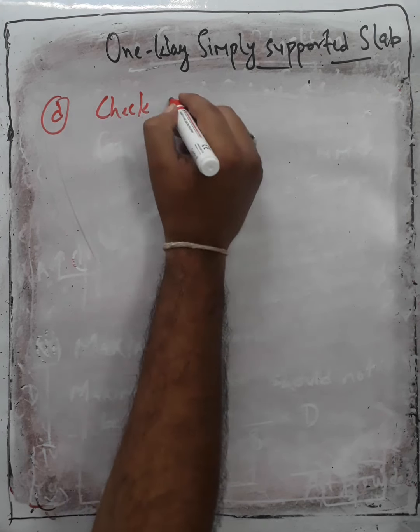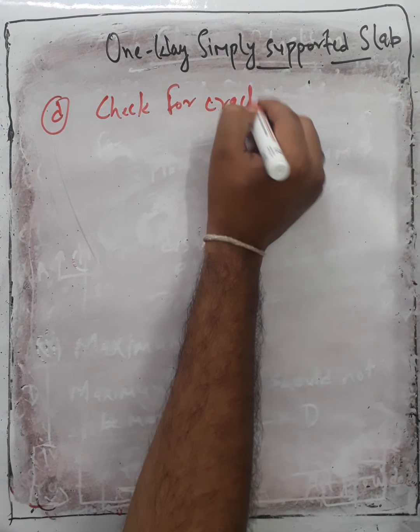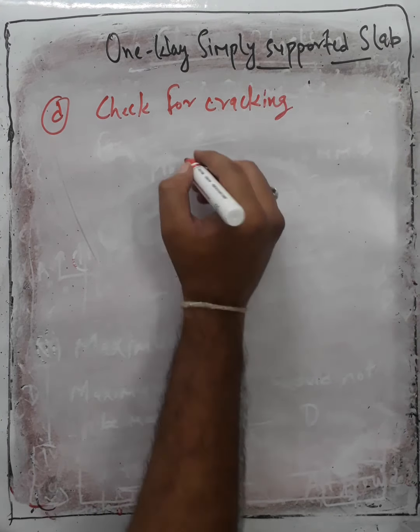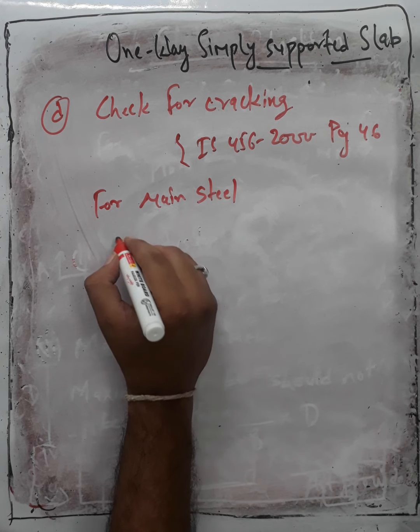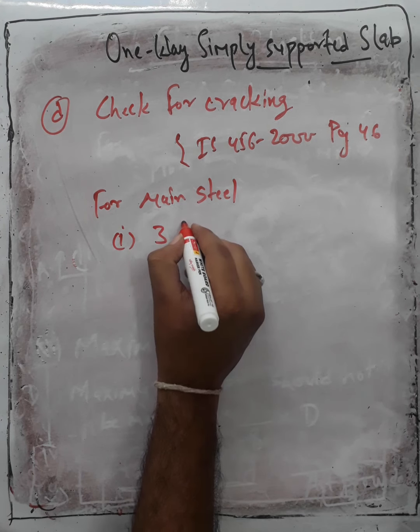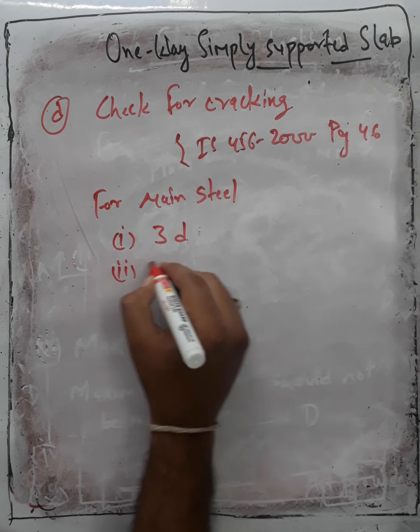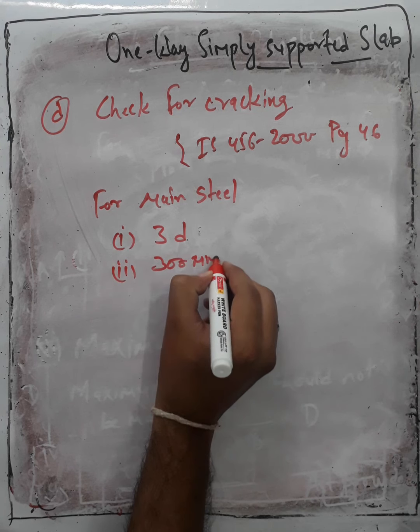Okay, so first is the check for cracking. This is given in IS 456 2000, page number 46. Okay, for main steel, you also remember these things because this is directly asked in competitive examinations, so you have to remember these points. 3 into d for main steel, d is the effective depth, and second is 300 mm.